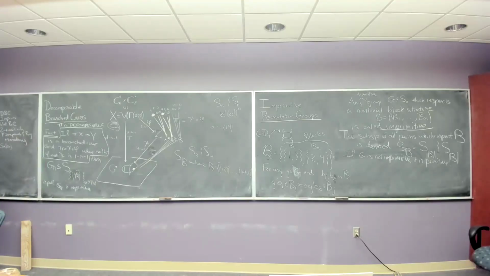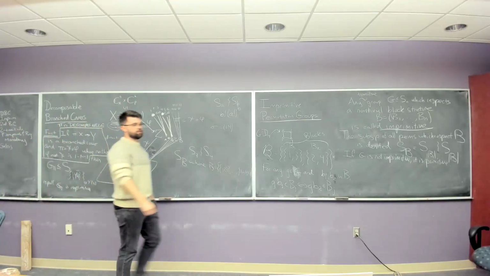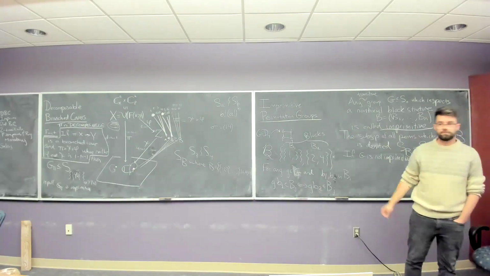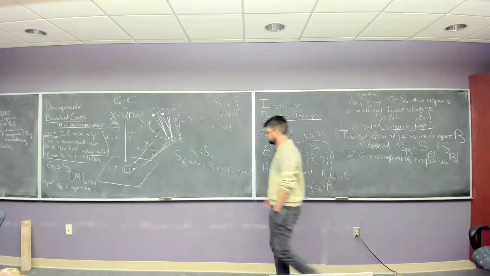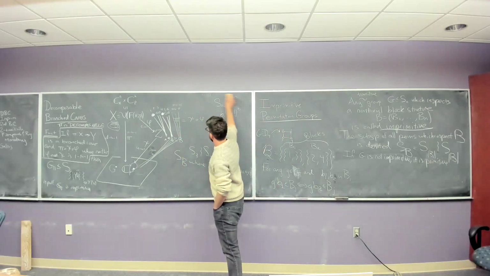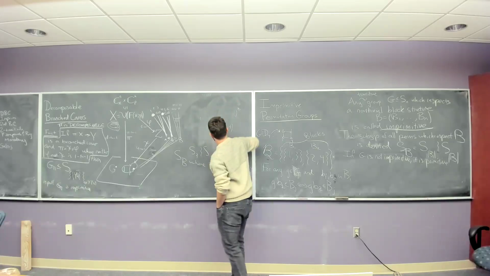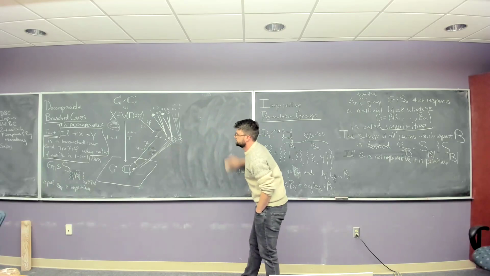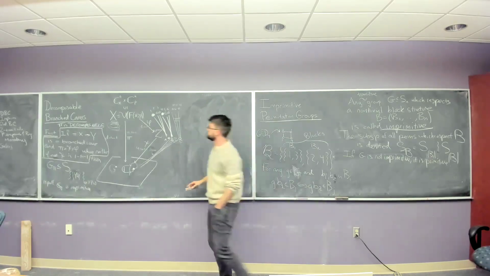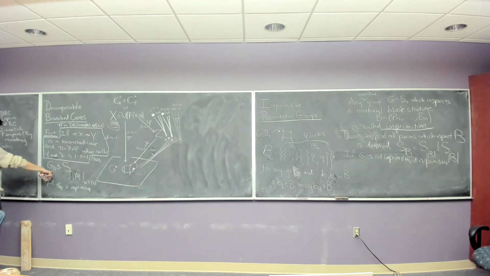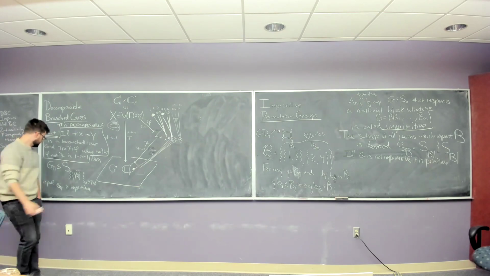And the statement is, if you have a decomposable branch cover, then the monodromy group is imprimitive.